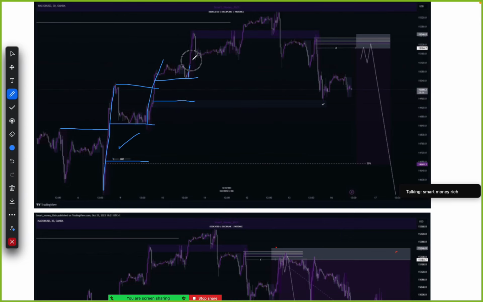And then it impulsed again to the upside and also created an open imbalance, and then it also created impulses to the upside and also left what? Open imbalance.